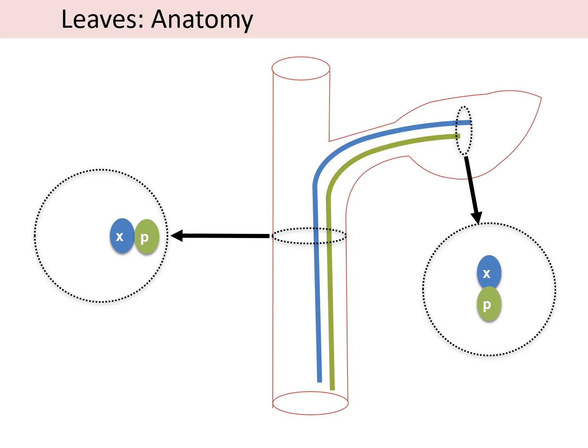When phloem and xylem go to the leaf, in cross-section the xylem will be closer to the upper epidermis than the lower epidermis. So it's different in direction from the cross-section of the stem. Phloem will be next to the lower epidermis more than xylem. So this is quite different because of the direction.